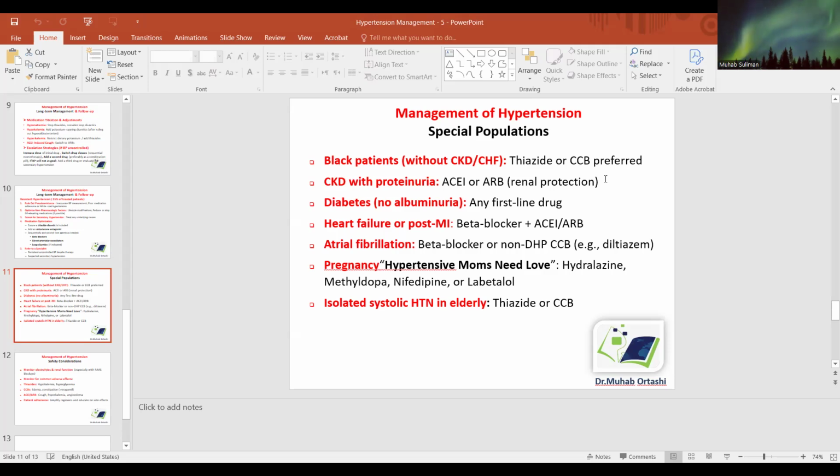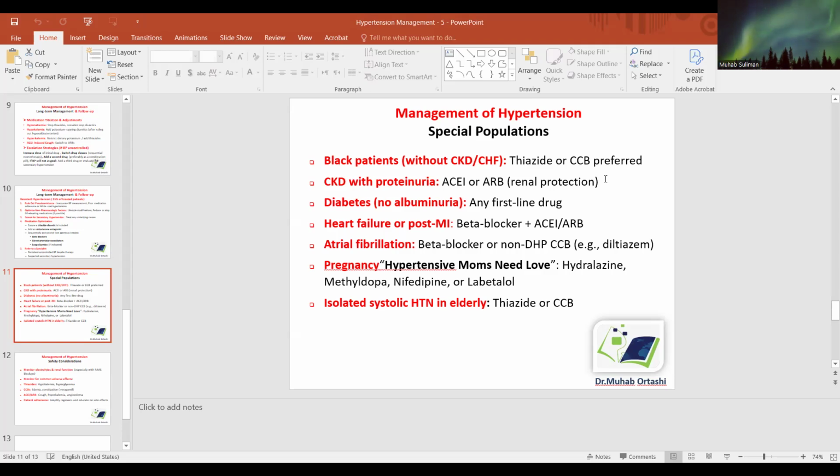If the patient has diabetes with no albuminuria, we can use any of the first line drugs. If the patient has proteinuria with diabetes, we prefer ACE inhibitors and ARBs. If the patient has heart failure or post-myocardial infarction, we prefer beta blockers and ACE inhibitors, and we discuss the details.